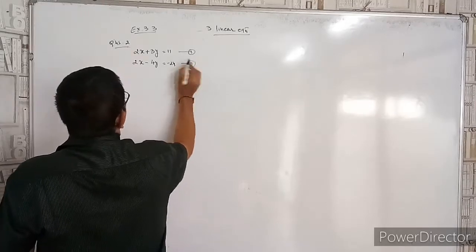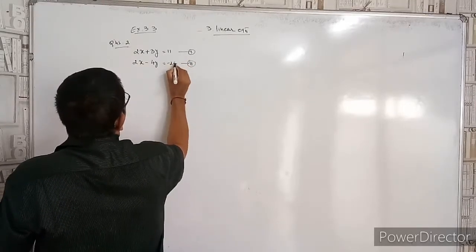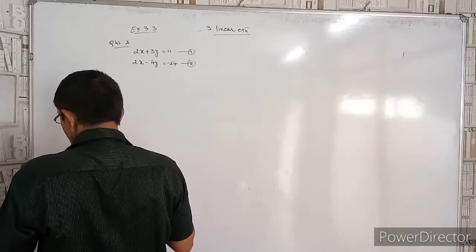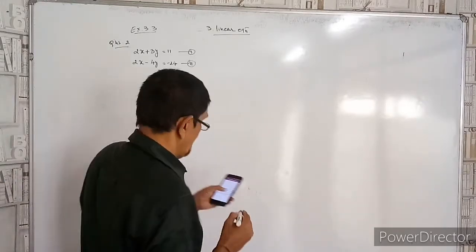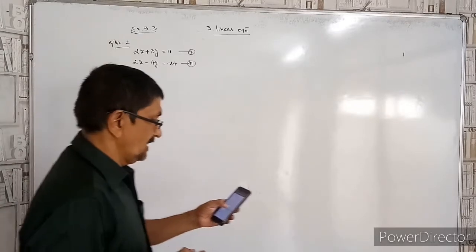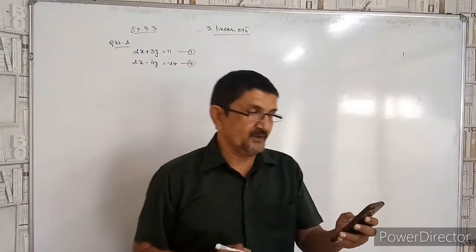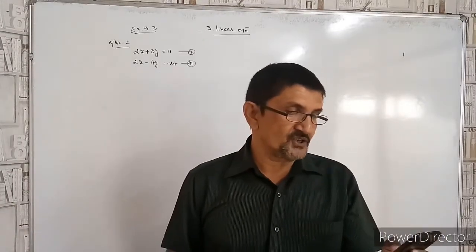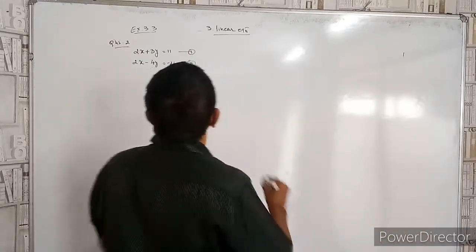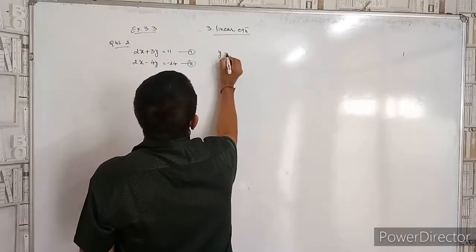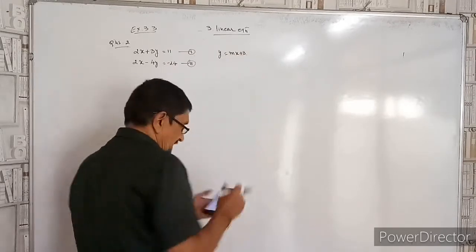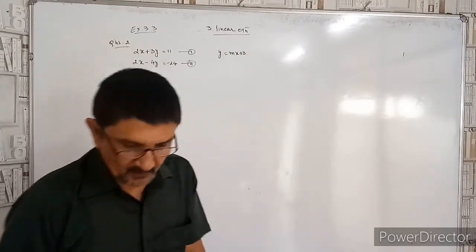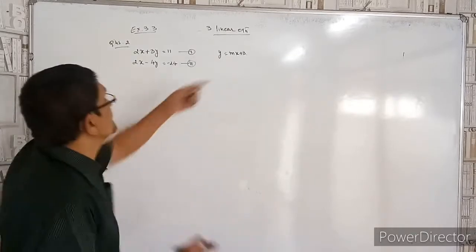This is the second equation. And then one more equation is given, and hence find the value of m for which y is equal to mx plus 3. So we have to find out the value of m in this equation.